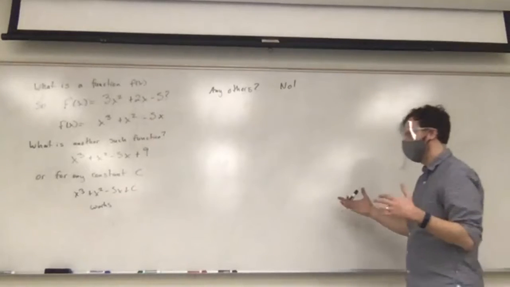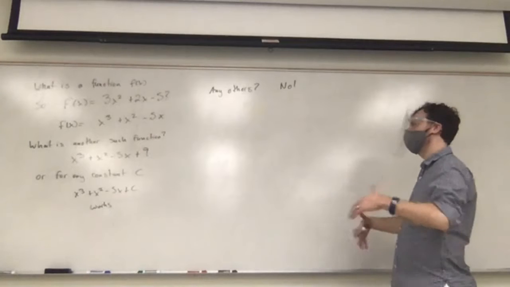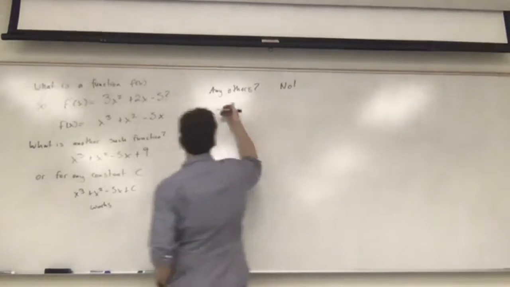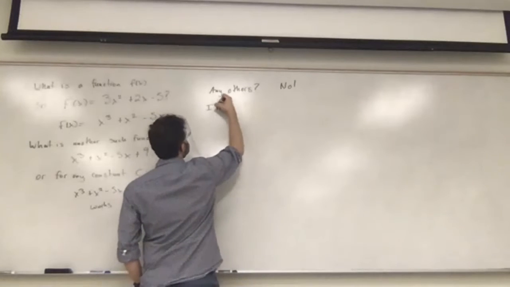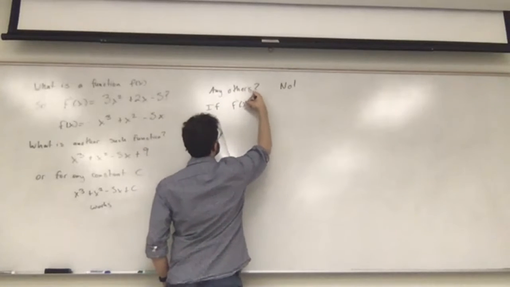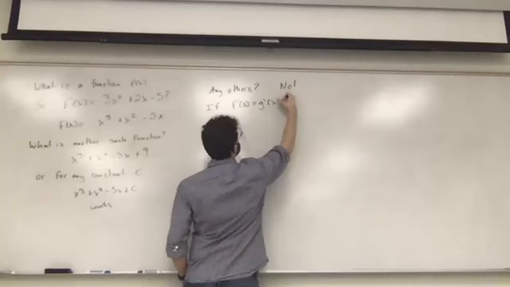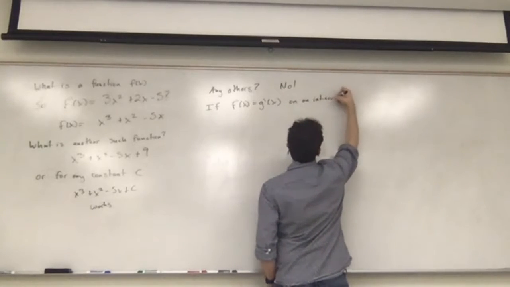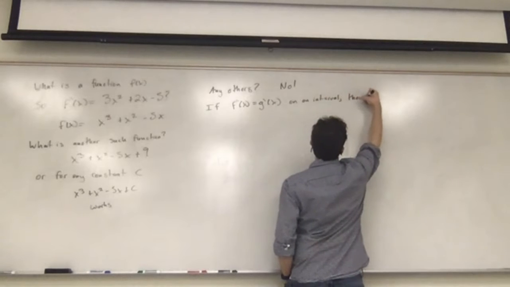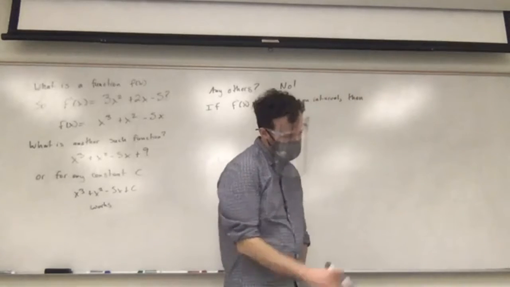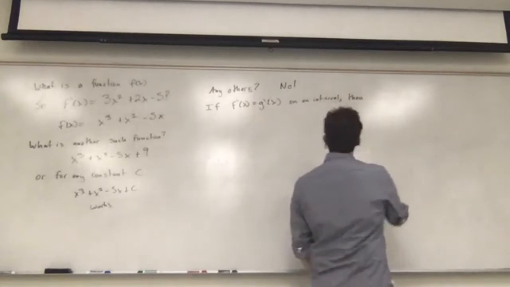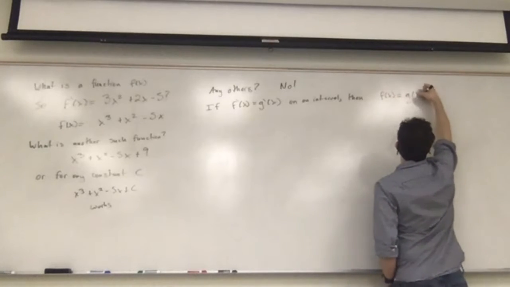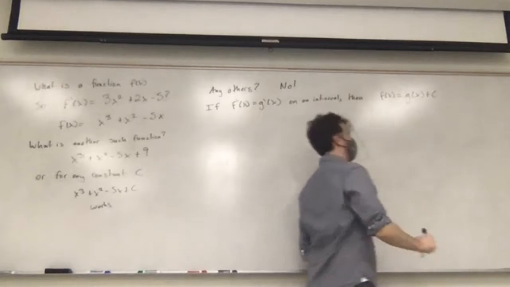And in general, this is a fact which showed up earlier, but we didn't do a lot with it. But this is where it really has something to say. It's true that if you have two functions where their derivatives are equal on some interval, then f of x is g of x plus some constant.